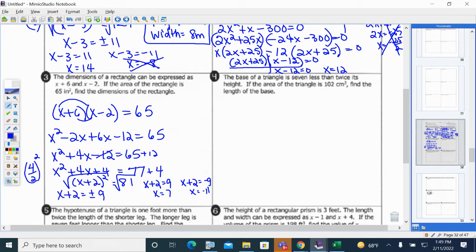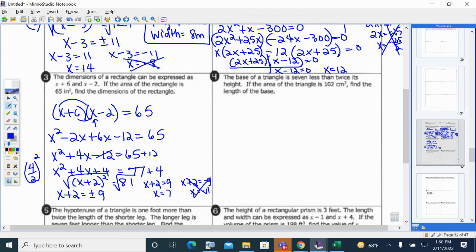Here again, we need to double check to make sure. Typically, one of these is not going to work with these quadratics for these word problems because if you're talking about dimensions of a rectangle, obviously they have to be positive. So I'm thinking the negative 11 is not going to work. Negative 11, if I plug it in here, negative 11 minus 2 is going to give me a negative number for the dimensions.